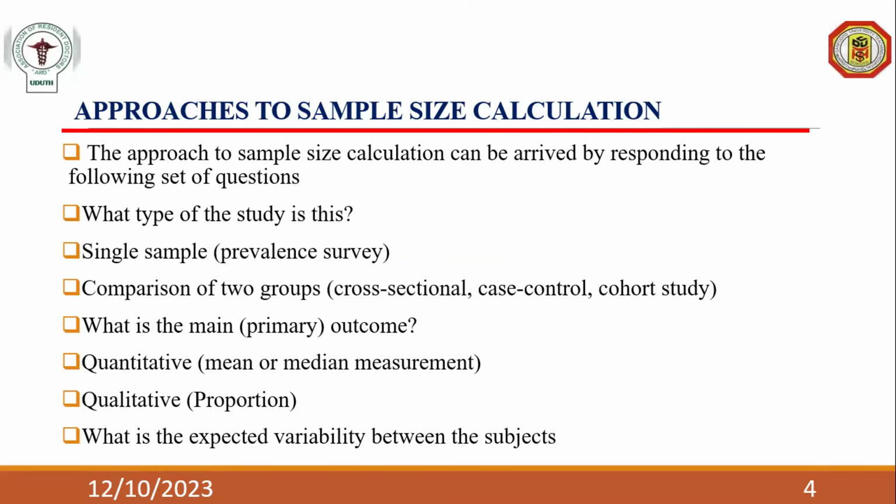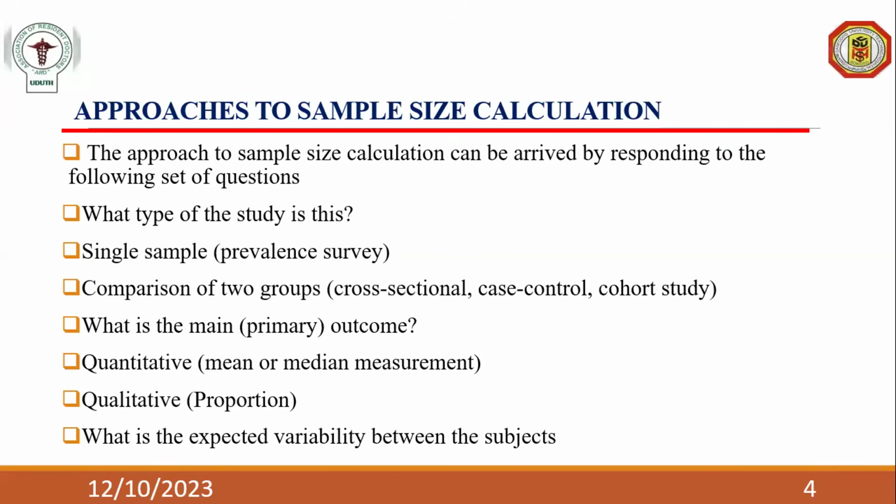For example, are you comparing two different samples, like rural and urban, or rural alone, or urban alone, or are you using control and study groups? Having two groups, the formula you are going to use is different from the formula you are going to use if your sample is only one group. So you have to note that and find the answer before you go on to select your formula.